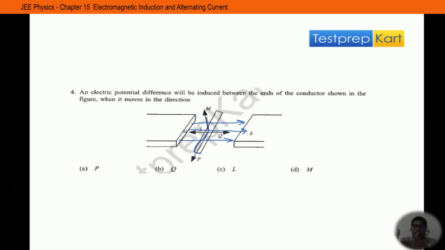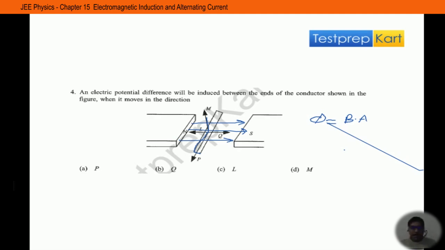If the area is changing, although the magnetic field is constant, the net flux will change with time, because phi equals B into A. So if we move our conductor along the direction of M, there will be a change in flux and we'll get a resultant potential difference.